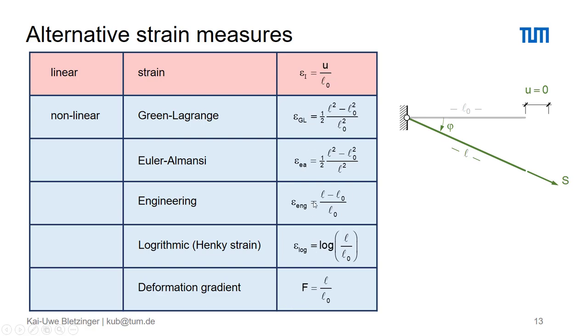If you look at these and substitute L equal L0, that means the deformed length remains the same as the undeformed length, then you see this difference is 0, here as well, so we receive 0 for the strain. And if you substitute L0 for the logarithmic strain, you receive the logarithm of 1, which, as you know, is also 0.